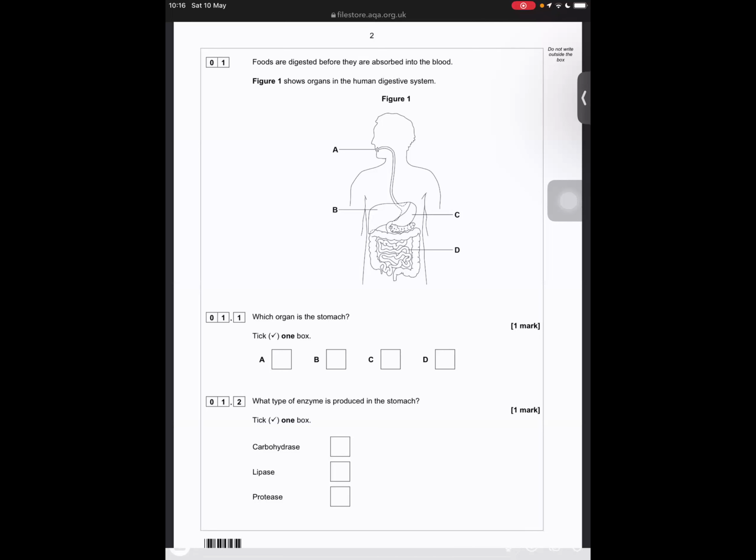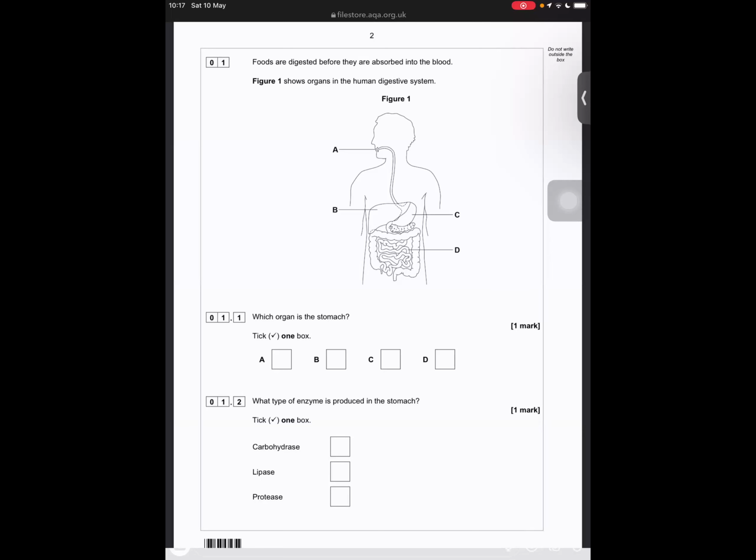Are these three the only options, or is there a fourth one that we can't see? Okay, that's just three of them. I'll go with lipase. I'm not sure of it, but we can check with the marking scheme just to be sure.